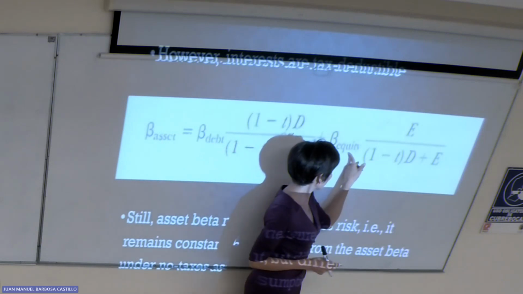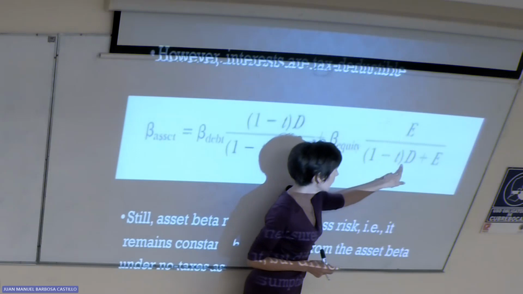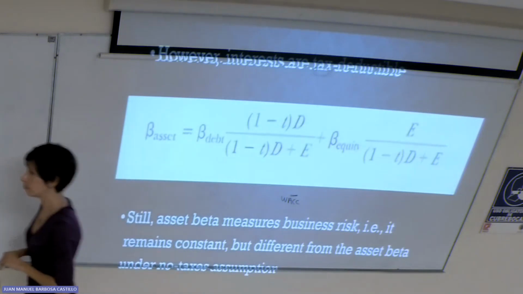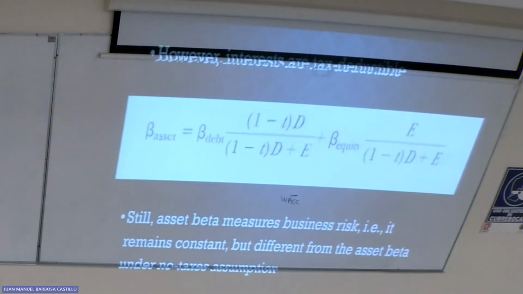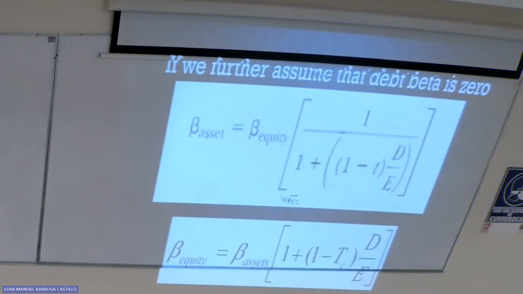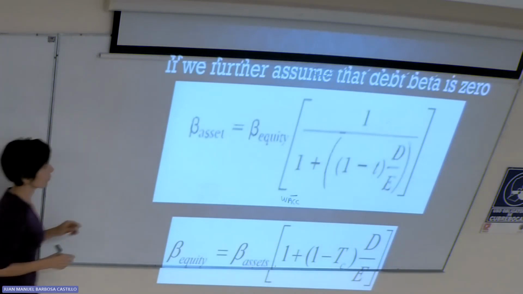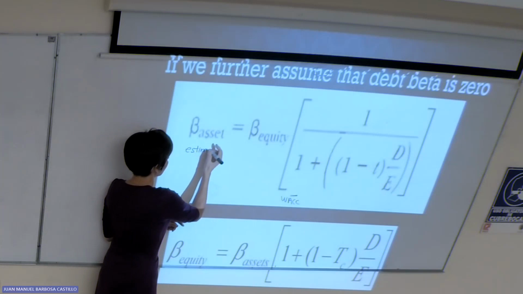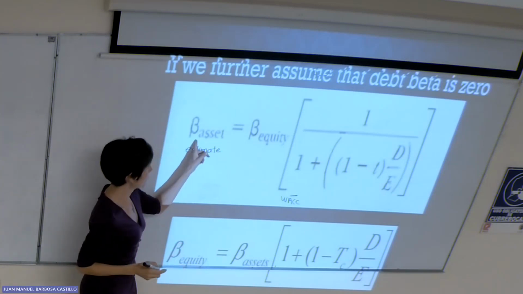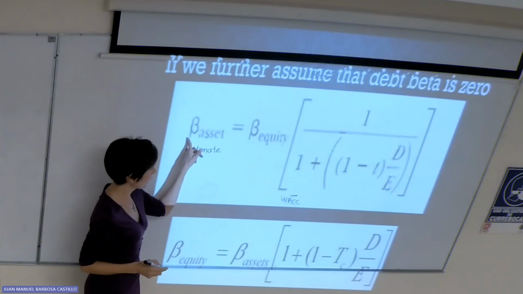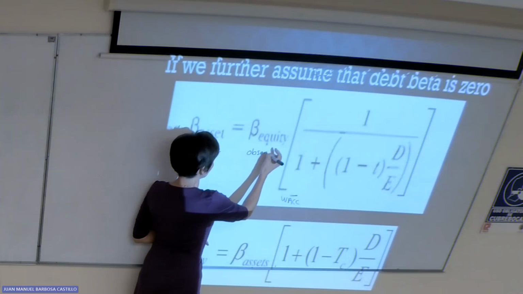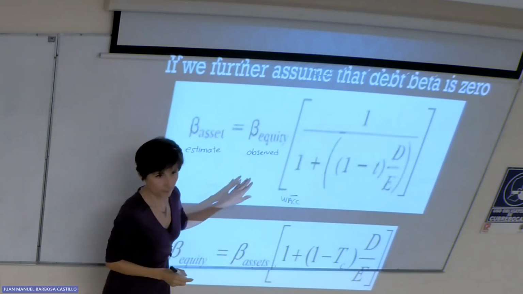So I only end up with the proportion of equity financing times the market risk of the equity, okay? If we rearrange that equation, we can estimate the business risk of a firm through the asset beta of the company using the observed equity beta of the firm.